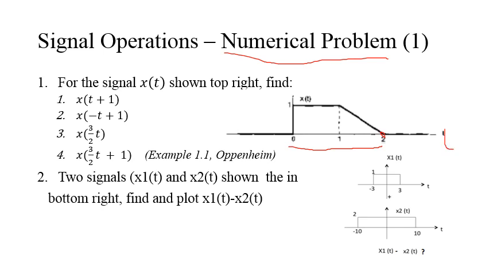So this signal is defined only from 0 up to 2. Beyond 2 its value is 0, and also before 0 its value is 0. So you have to perform the different operations.